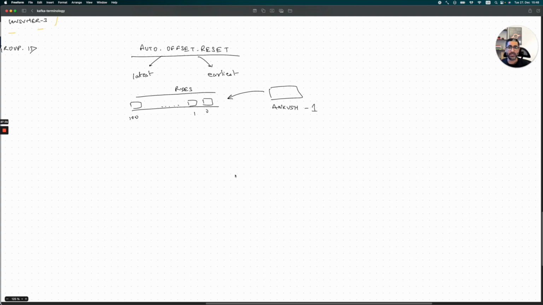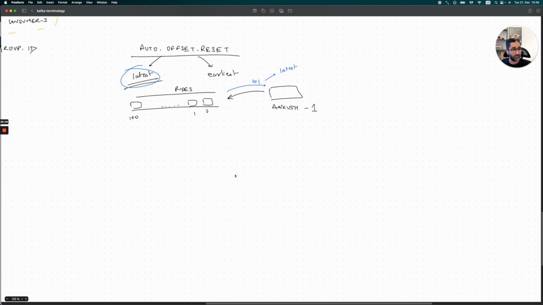So what it will do is use latest as the default. So latest is our default behavior. And it will say, right now, there are around 100 messages in the topic. So you consume from 101 whenever that comes in. So whenever there is a new message into rides, you will be able to read that message, but you would only be able to read it from offset 101. That's because you had the offset as latest. So whatever was the latest offset.